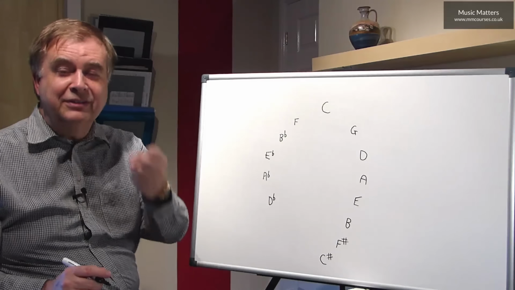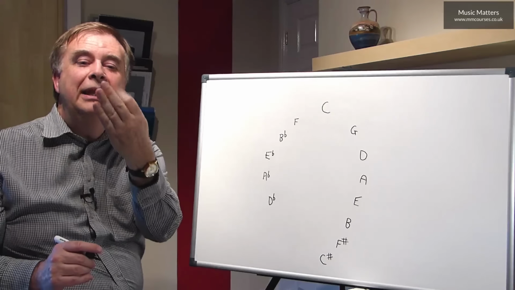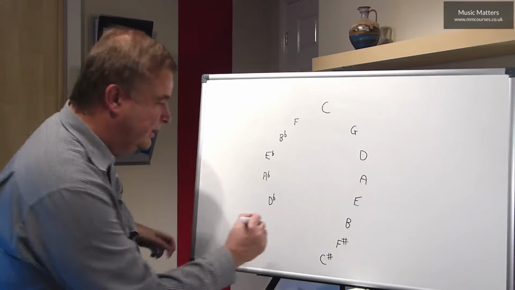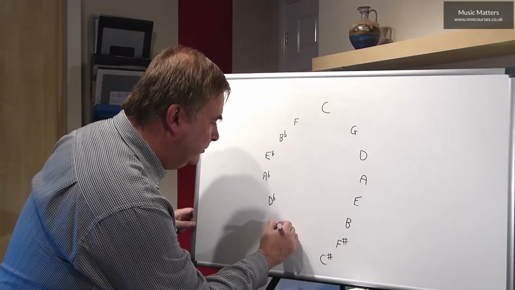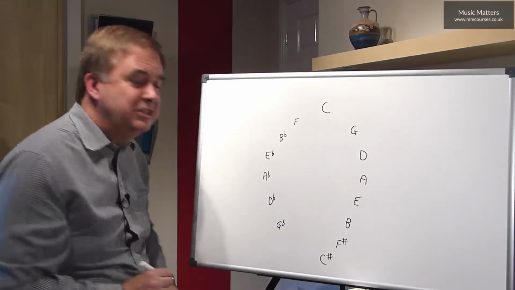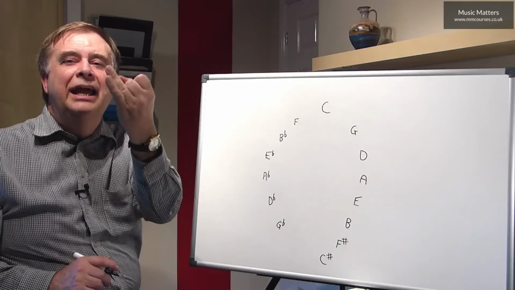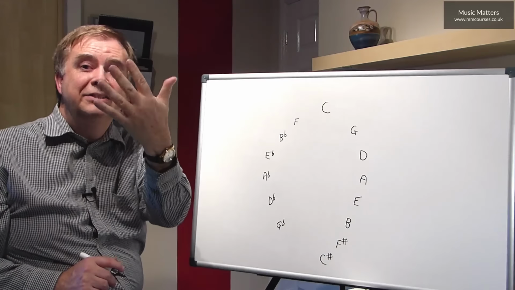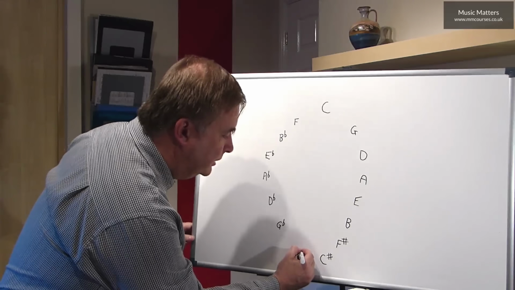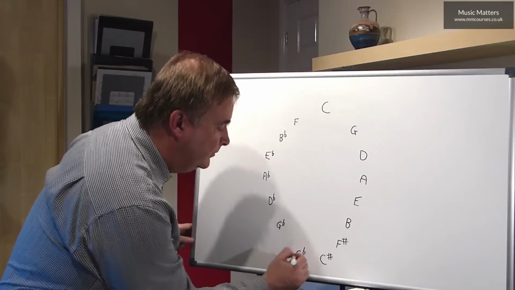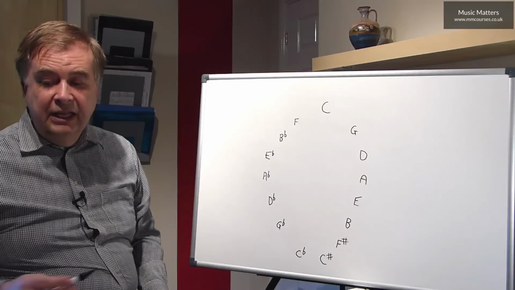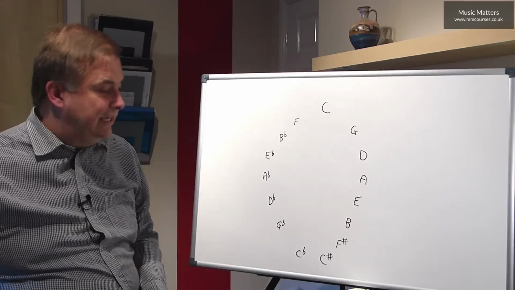Let's go down another fifth. D, C, B, A, G. That tells us that G flat major has got 6 flats. And if I go down another fifth, G, F, E, D, C, I come to C flat major, and C flat major has got 7 flats.